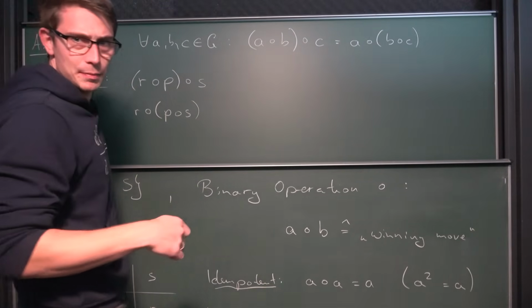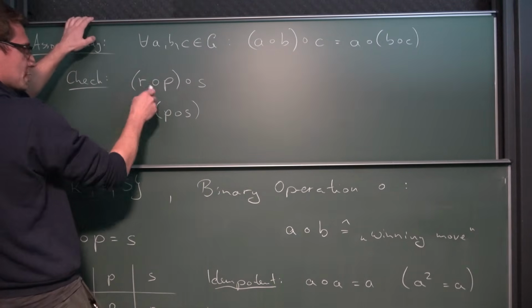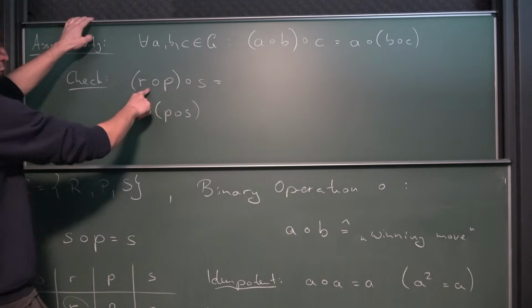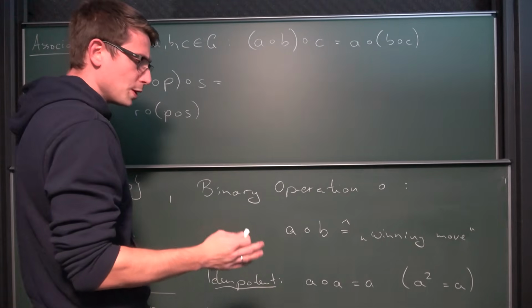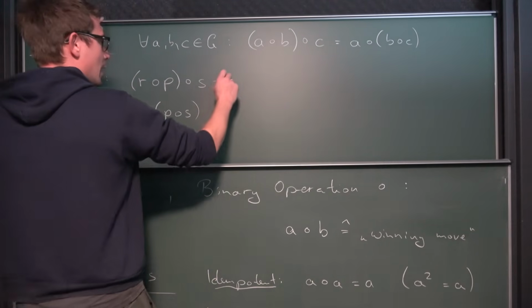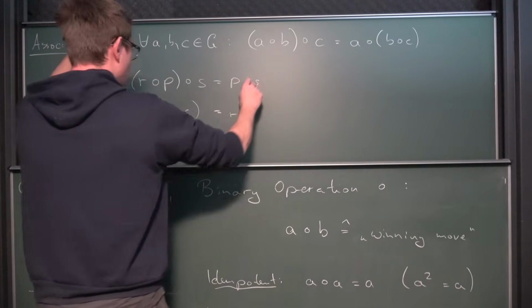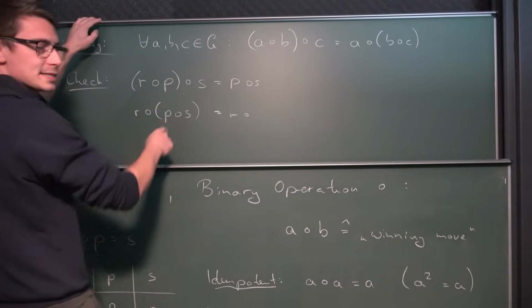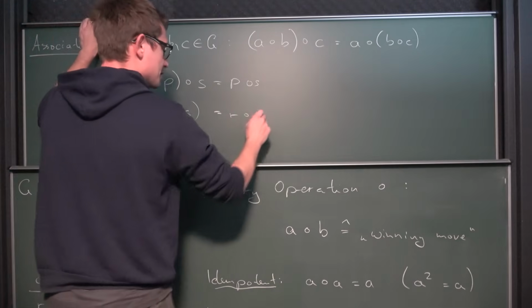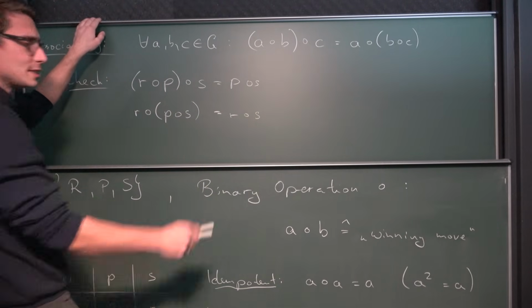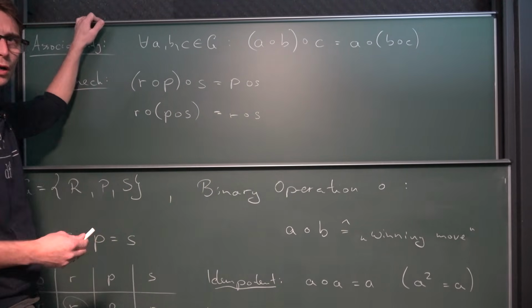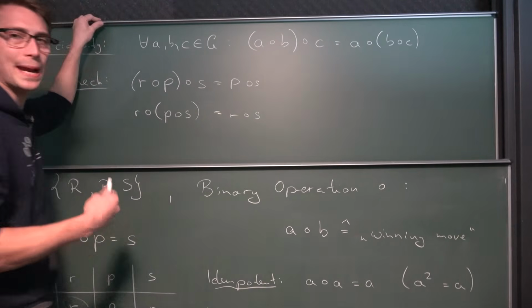So associativity means that we need to compute what's in parentheses at first. If we have rock against paper, we are going to get paper out as the result. Now down here, we're going to have paper and scissors at first. This gives us scissors. And immediately you can see something is probably not going to work out here because those are opposite pairs from one another.